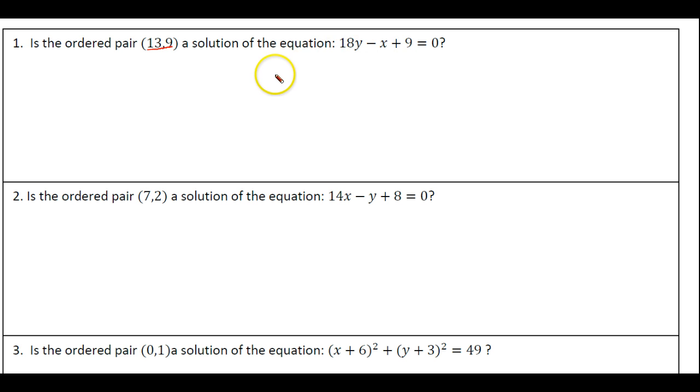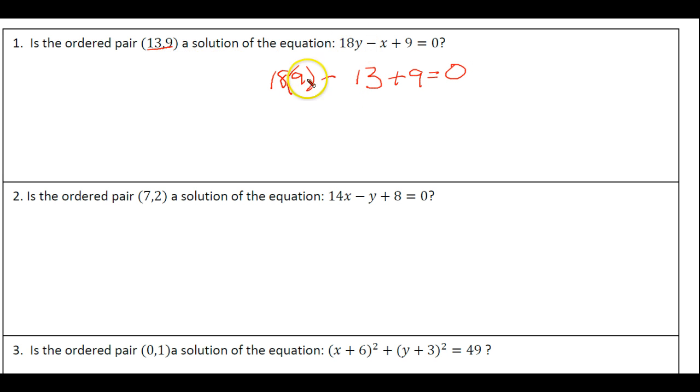So the strategy would be to put the y value, I'm going to put a 9 where the y is, minus 13 for the x, plus 9. Does that equal 0?